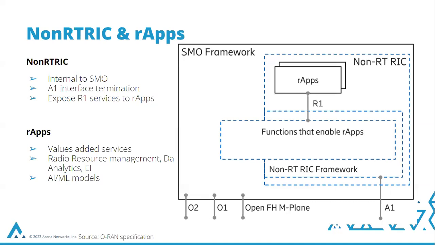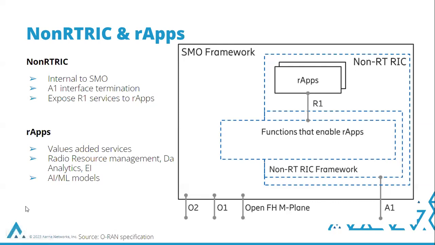As the entire O-RAN is about disaggregation, vendors can write their own rApps, but in order to deploy their rApp in the O-RAN architecture, they have to follow the standards of R1. These are essentially authentication, authorization, and how rApps access the data of the SMO, all the O1-related metrics and fronthaul M-plane related metrics. Those are all well defined in the R1 interface, and rApps have to follow those standards. That's about the rApps part.